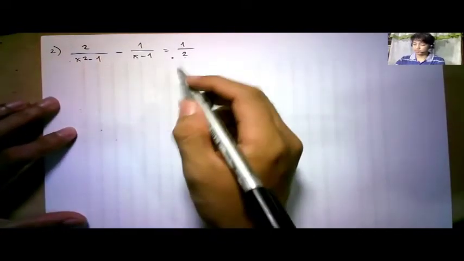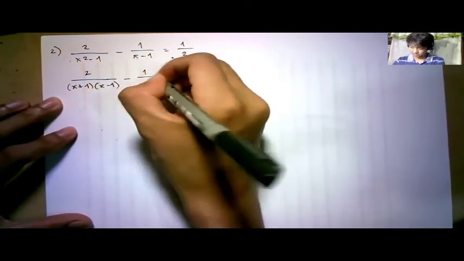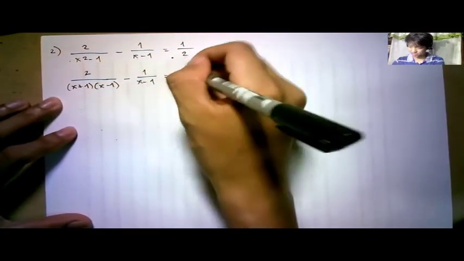Again, the first step is to make the rational terms into their simplest form. So this one, we can simplify. We're going to write down 2 over x plus 1 times the quantity x minus 1, minus 1 over x minus 1 is equal to 1 over 2.